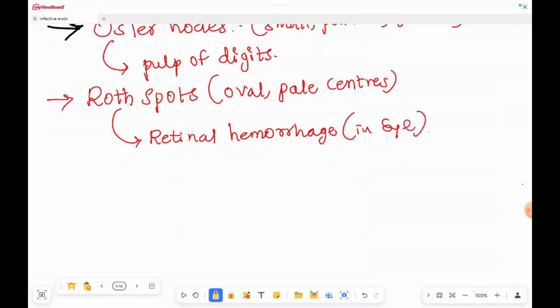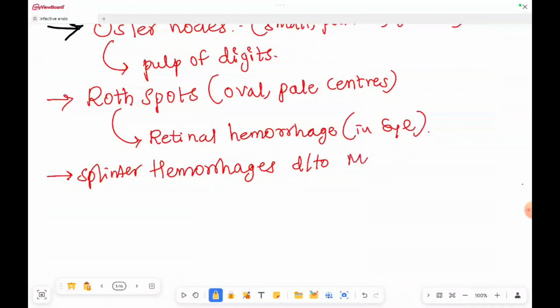So there are splinter hemorrhages also, due to microthromboemboli. So these are important features of infective endocarditis.